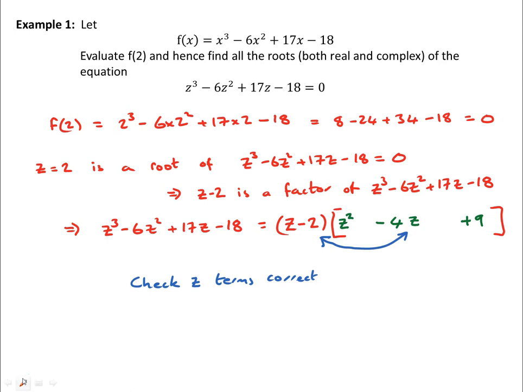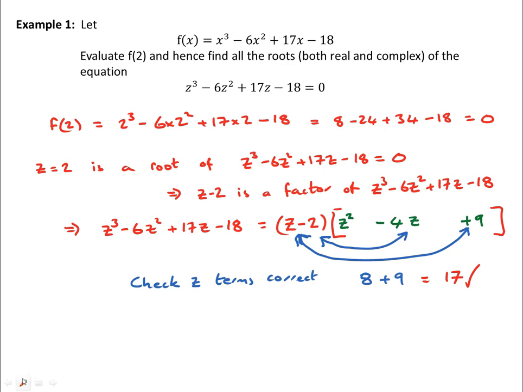So that gives me 8z. But I've also got z terms coming from the z times the 9, which gives me 9z. So in terms of the right hand side, I've got 8 plus 9, which is 17 lots of z, which is exactly what I want because I've got 17z on the left hand side.